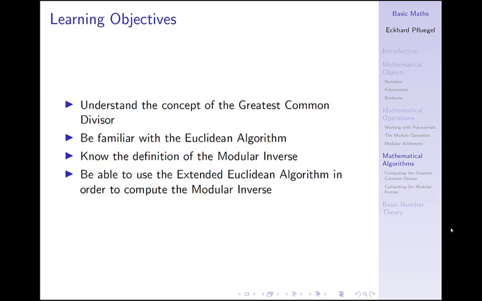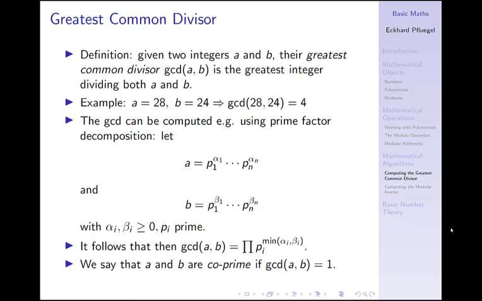We'll do some detailed explanations and examples of that algorithm. And then we will understand the definition of the modular inverse. And then you need to be able to use an extended version of the Euclidean algorithm in order to compute the modular inverse. So then let us introduce the definition of the greatest common divisor.